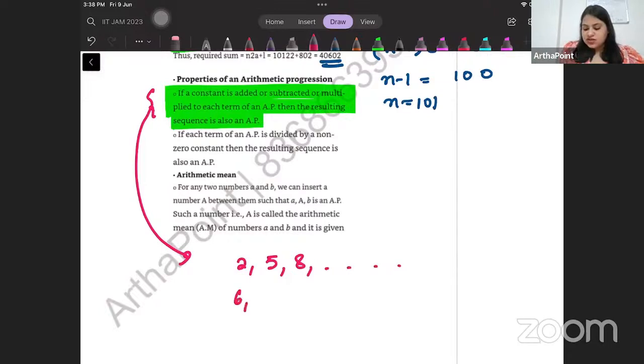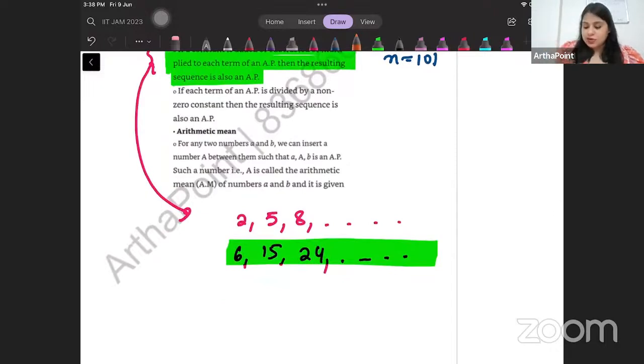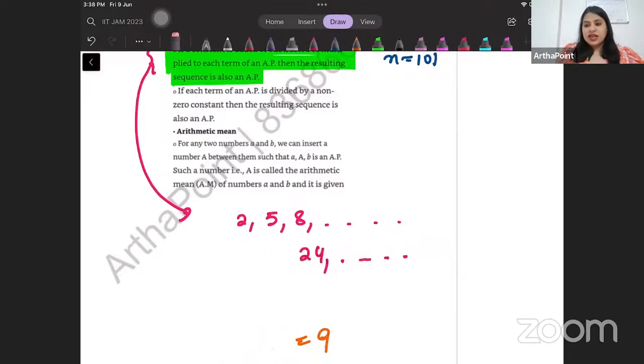So 3 into 2 is 6, 5 into 3 is 15, 3 into 8 is 24 and so on. So if I multiply the entire AP with something beta, then this will also be an AP. So if you see here, 15 minus 6 is 9, 24 minus 15 is 9 and so on.